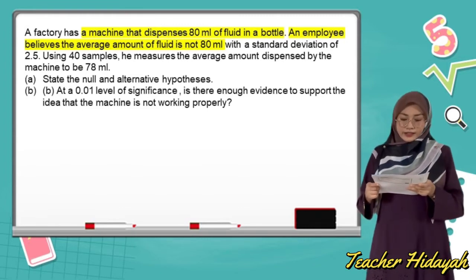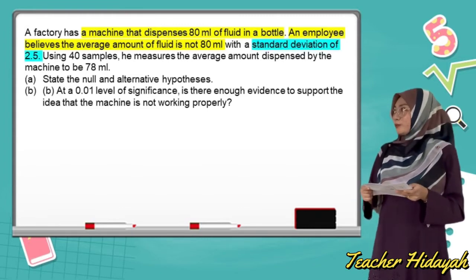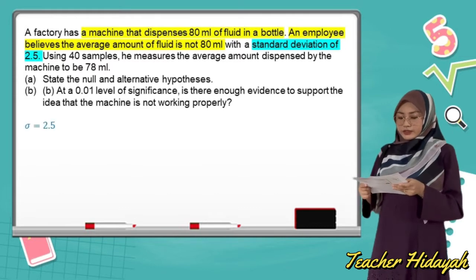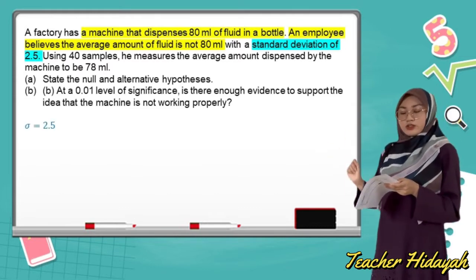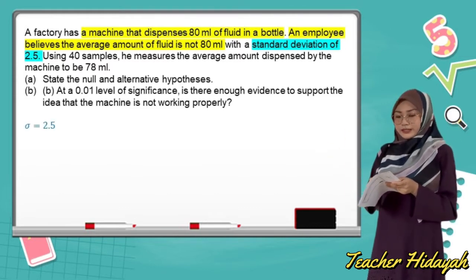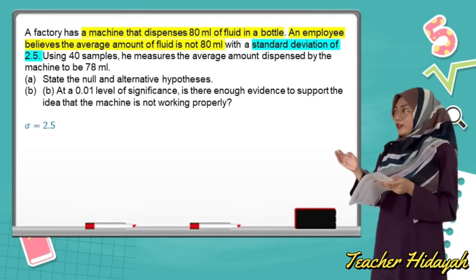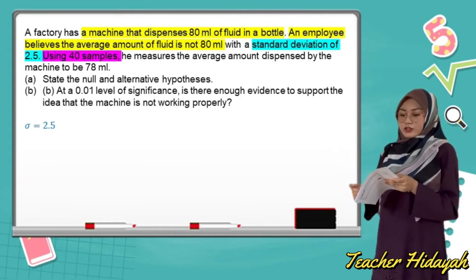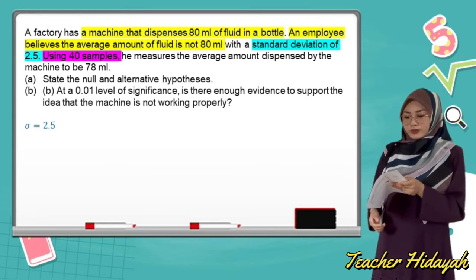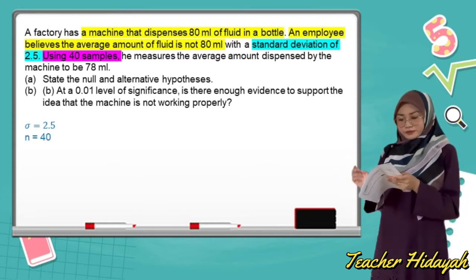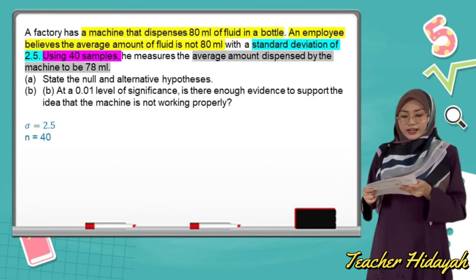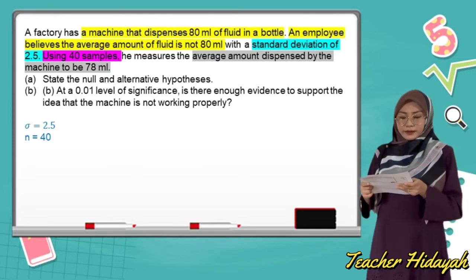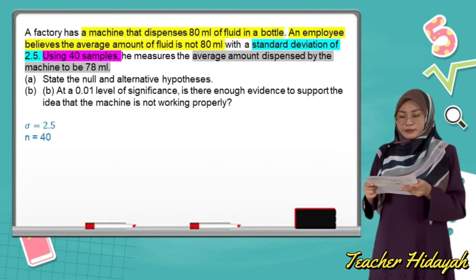Next, we highlight the standard deviation of 2.5 and take out the standard deviation like this to make it easy to see. After that, using 40 samples shows you the sample size, so you write it down below. The last one is to highlight that the average amount dispensed by the machine is 78 milliliters.